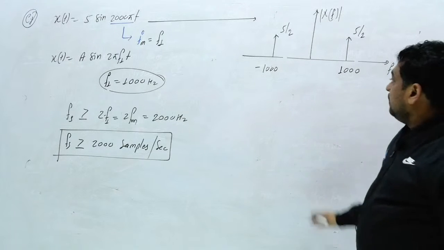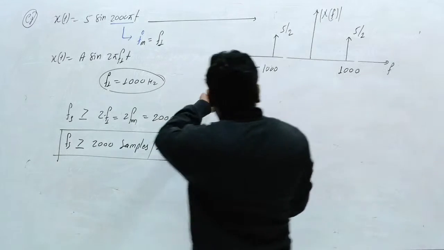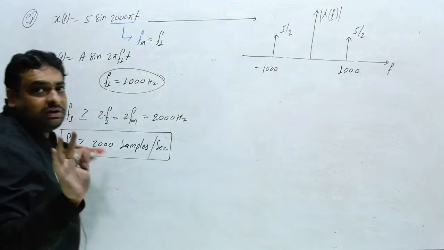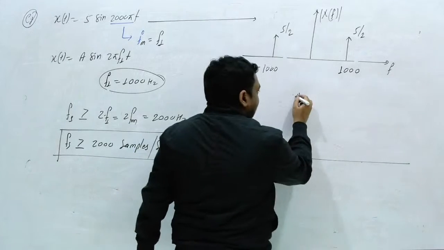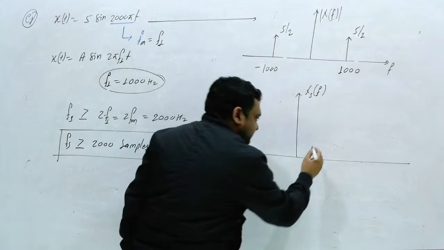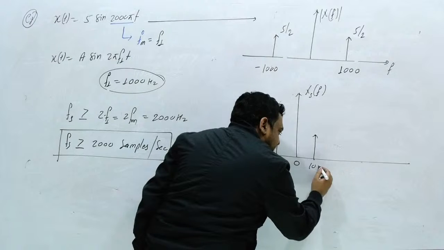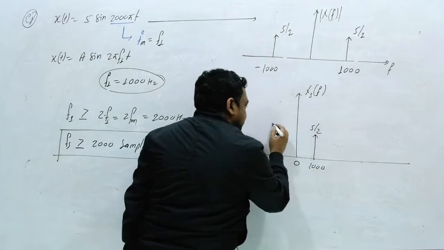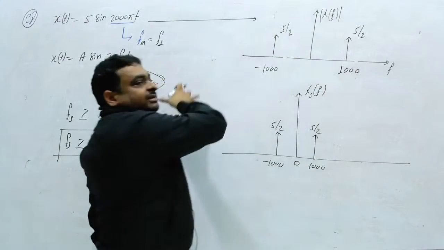Now if you consider the sampling frequency as 2 kilohertz, what will be the Fourier transform of the sampled signal? The first term will be at the same position. This is 0, this is 1000, this is minus 1000, and the amplitudes are 5 by 2 and 5 by 2. Now this whole signal will be shifted right, and this whole signal will be shifted left.